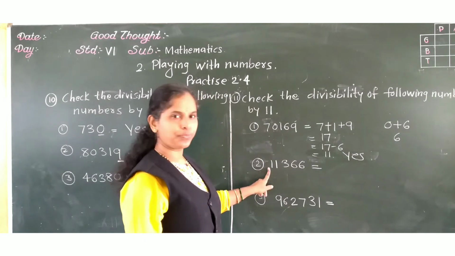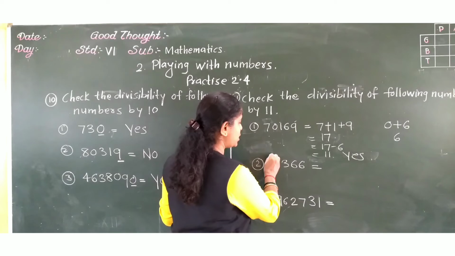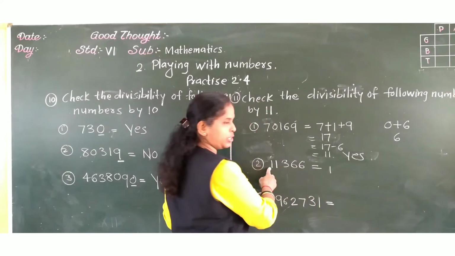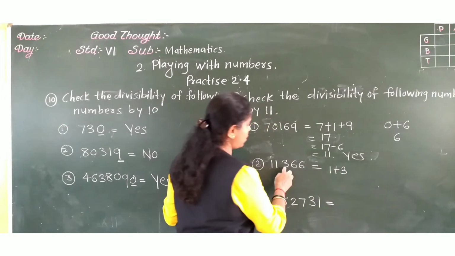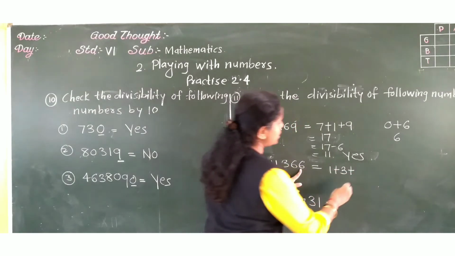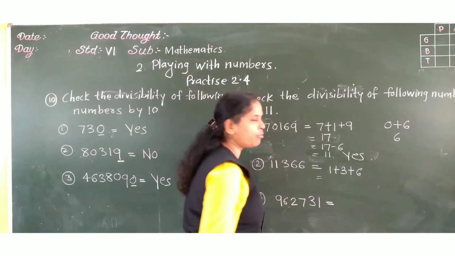Now let's see. What we have to do? Again odd places. 1. This is first, huh? 1. Then this digit. 2 leave. After that third. On third place 3 is there. Then 4 leave. And fifth place 6 is there. So add these numbers. What we will get? 3 plus 1, 4.